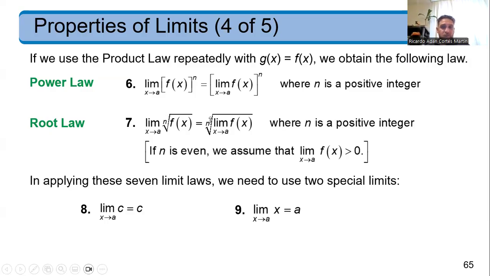And when taking square roots, just remember that if you take a square root, or any root with a value of n that is even, you cannot take it if the value of f is negative.